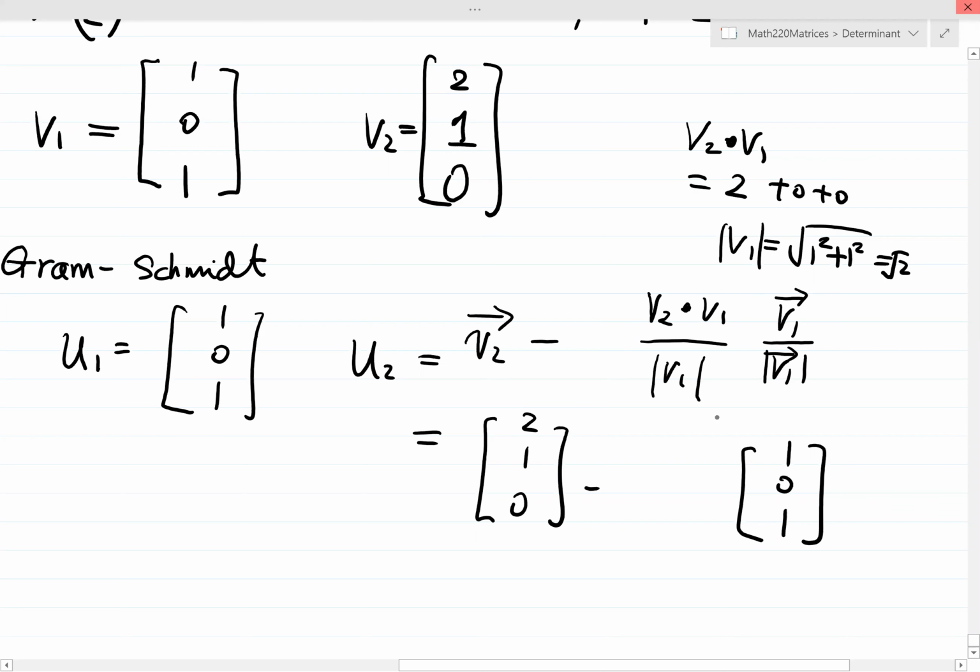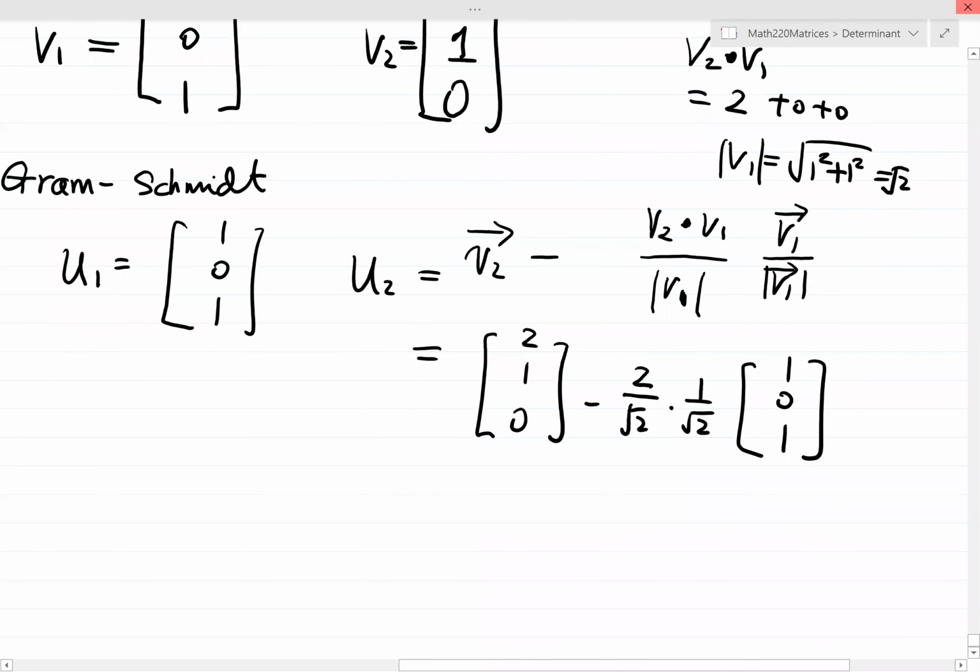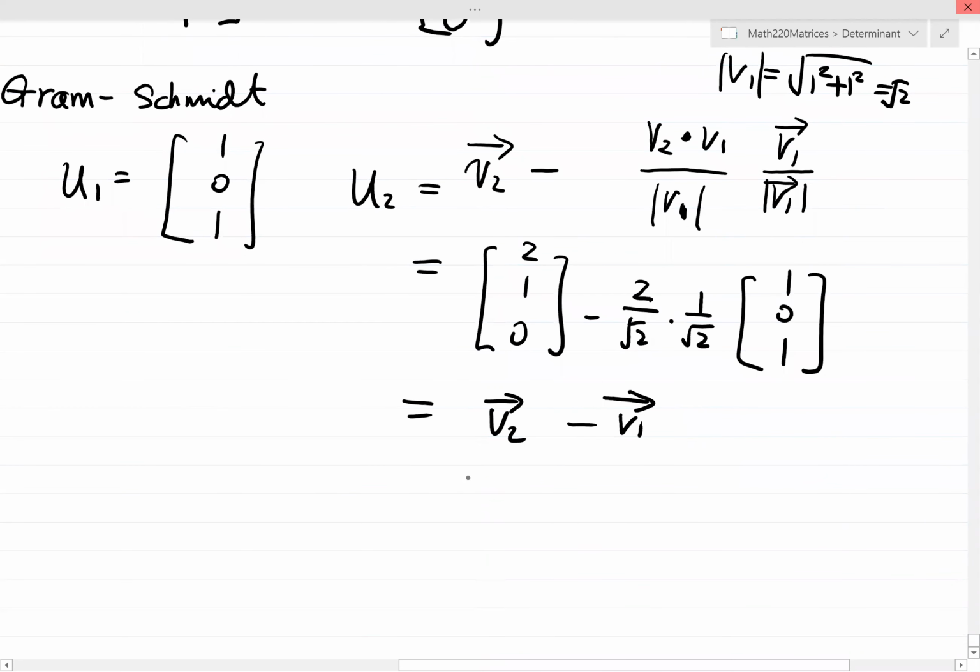Okay, this will work. This v1 dot v2 will be 2. This is 2 over root 2 times 1 over root 2. So this is actually exactly v2 subtract v1. So v2 subtract v1 will be (2, 1, 0) minus v1, (1, 0, 1).